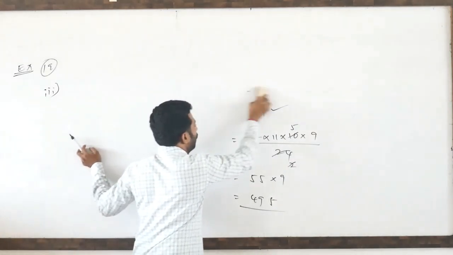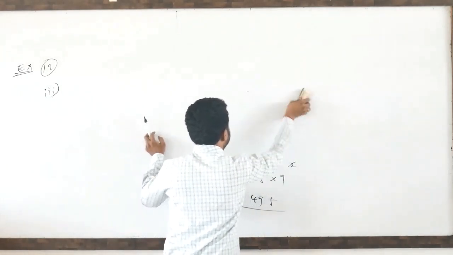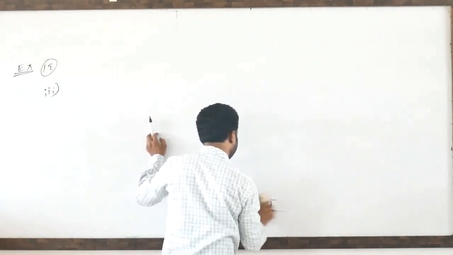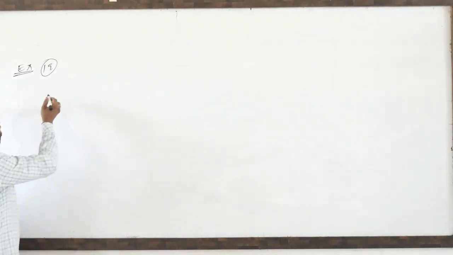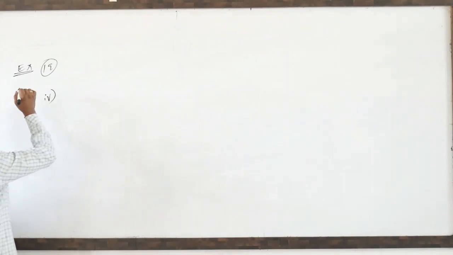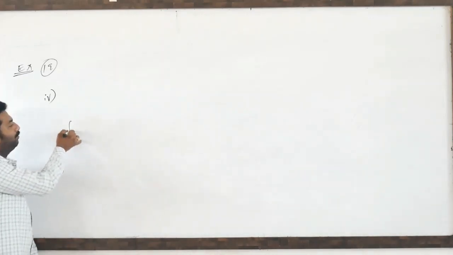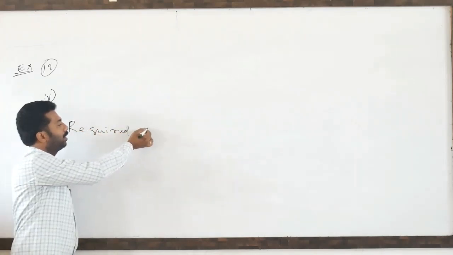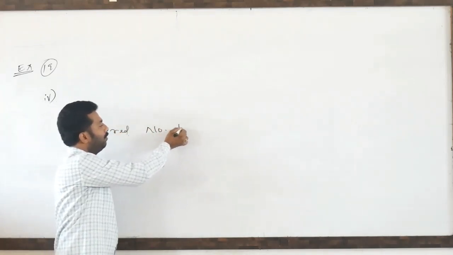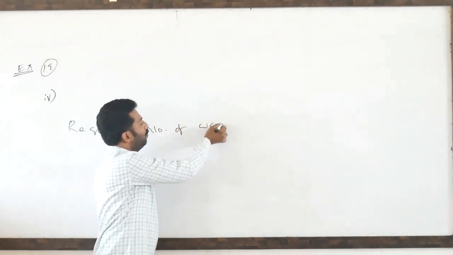Then the fourth case. So how to answer the fourth case? Fourth case: 2 cards are red cards, 2 cards are black cards. So the required number of ways.